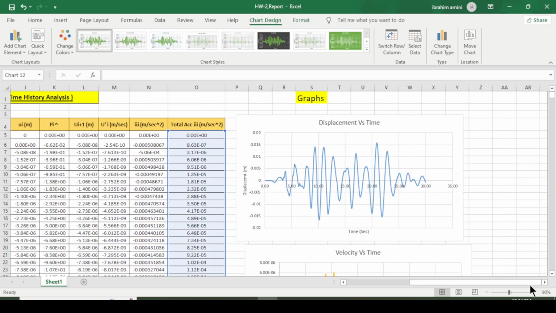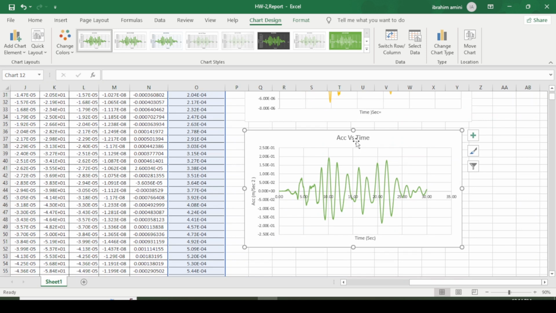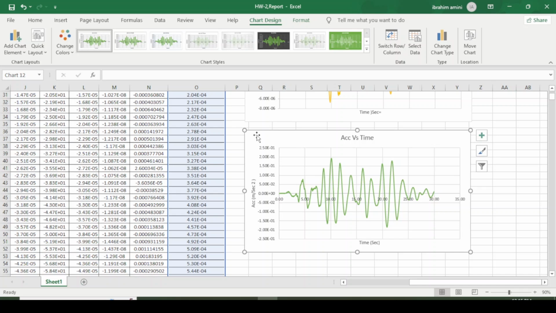This is also for the total accelerations versus time. So we have created the table for the central difference method. We have calculated all the values by considering the given information, and we have also created the graphs for displacement versus time, velocity versus time, and acceleration versus time, and shown you all the related formulas.